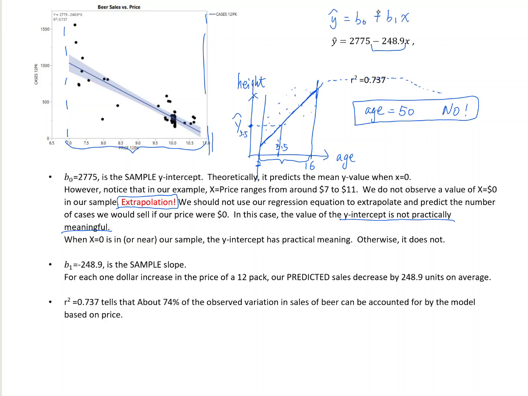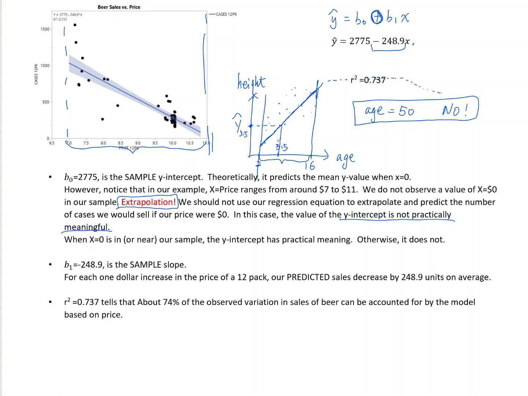So the sign belongs to b1. If it is negative, that means your b1 is negative. So this is the case: b1 is negative 248.9. First, it is the sample slope, right?